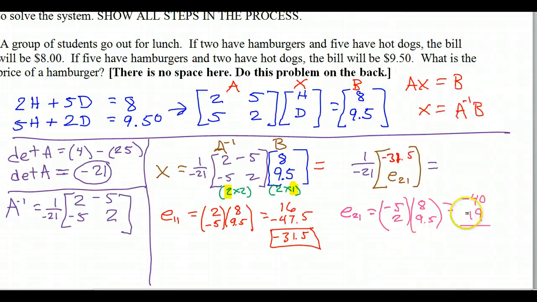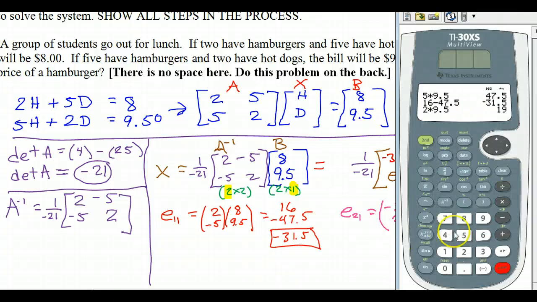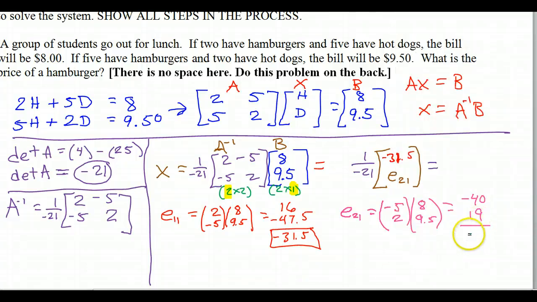Now I'm supposed to do negative 40 plus 19. So that's negative 21, which is why we have negative 21. That is element 2,1, which goes right there.